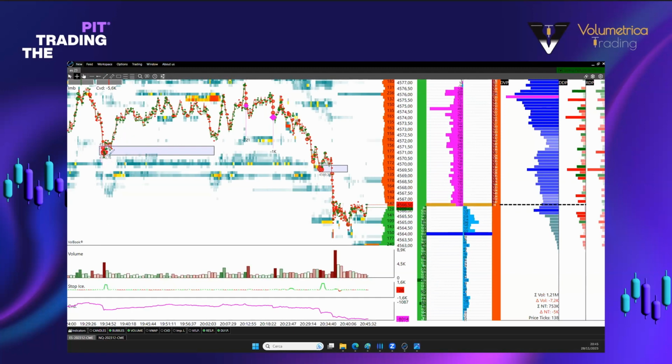If the iceberg is defended, I also wait for a final pullback in roughly the area of the iceberg.